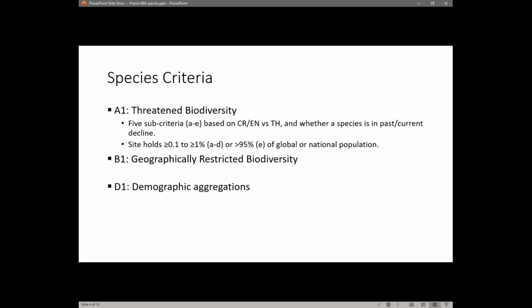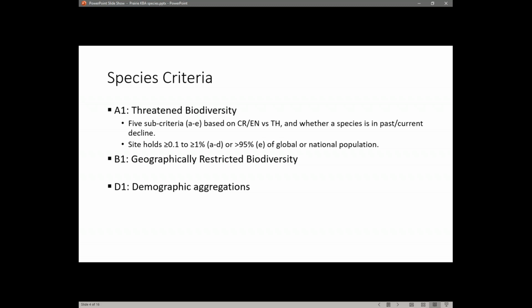Under the A1 category, we have 5 sub-criteria, and this is highly simplified. I'm just giving you a brief taste of this. The sub-criteria, A through E, are generally based on whether the element is critically endangered or threatened, and also whether it is currently or past in decline, or whether that's not an issue.